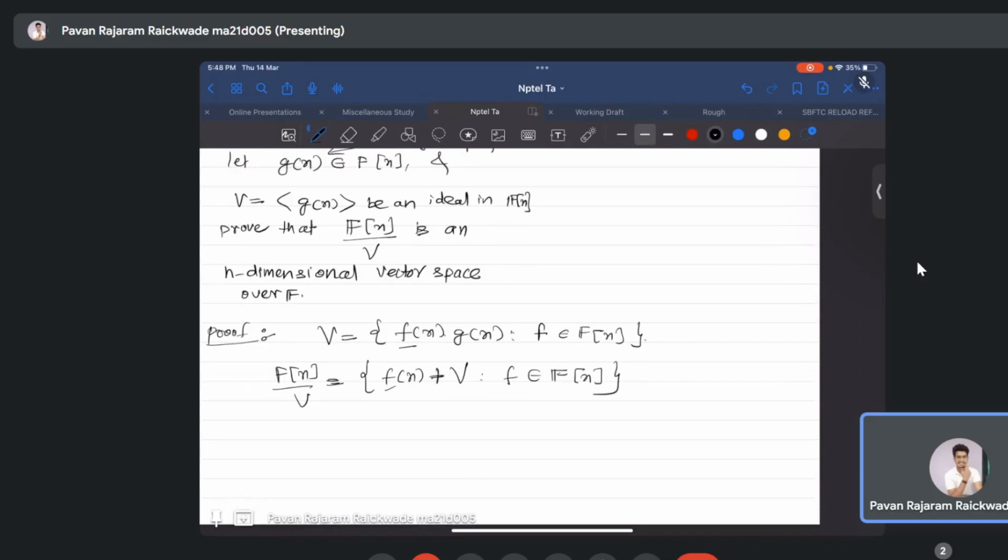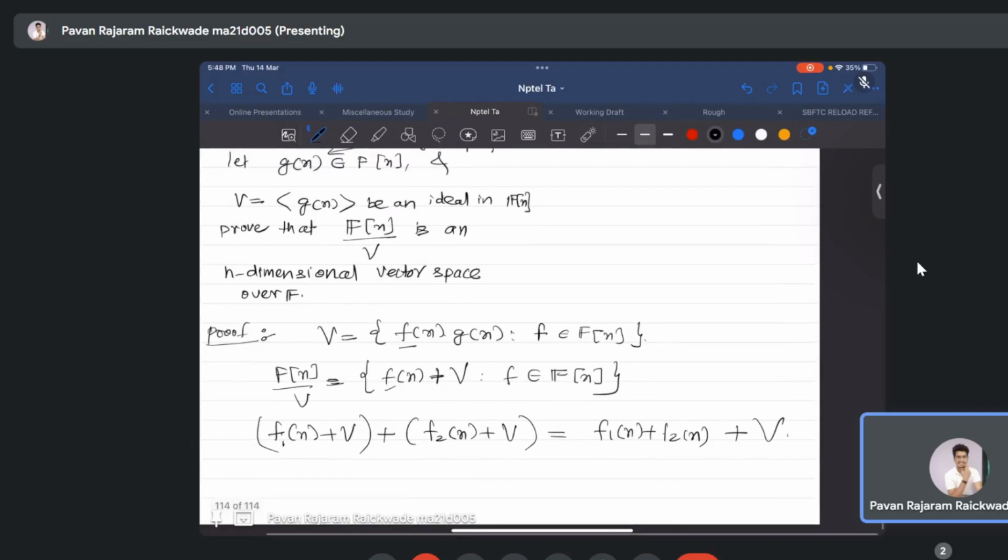So what are the addition and scalar multiplication defined on this? Addition is defined as follows: (f1(x) + V) + (f2(x) + V) is defined as (f1(x) + f2(x)) + V, a coset with this element.